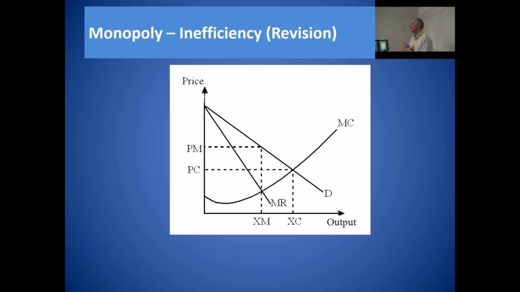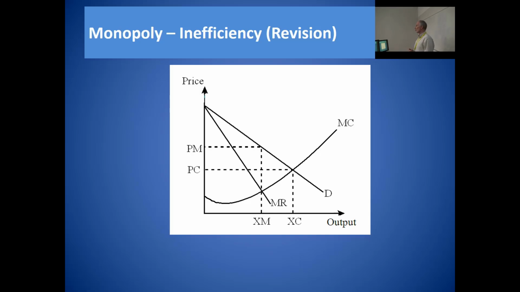So, what would a competitive market do? It clears where demand and supply are equated. So that is the industry demand curve. That is the industry supply curve.